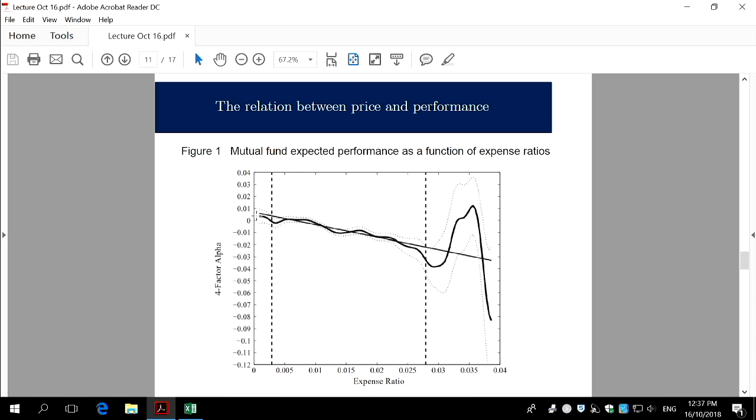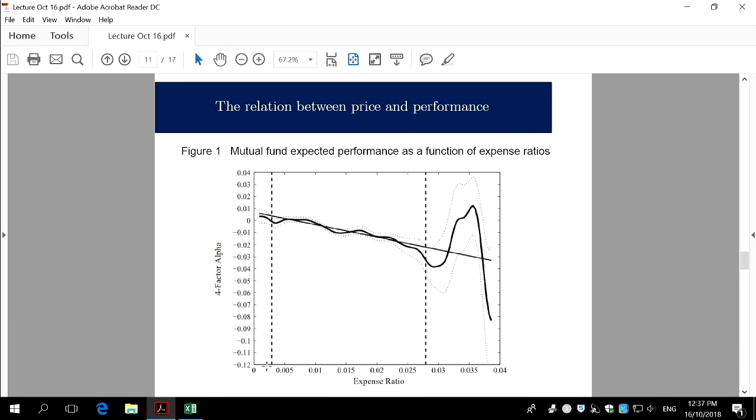Obviously, this is a negative relation, and zero is zero alpha. You can see the majority of this blue curve is below zero, right?